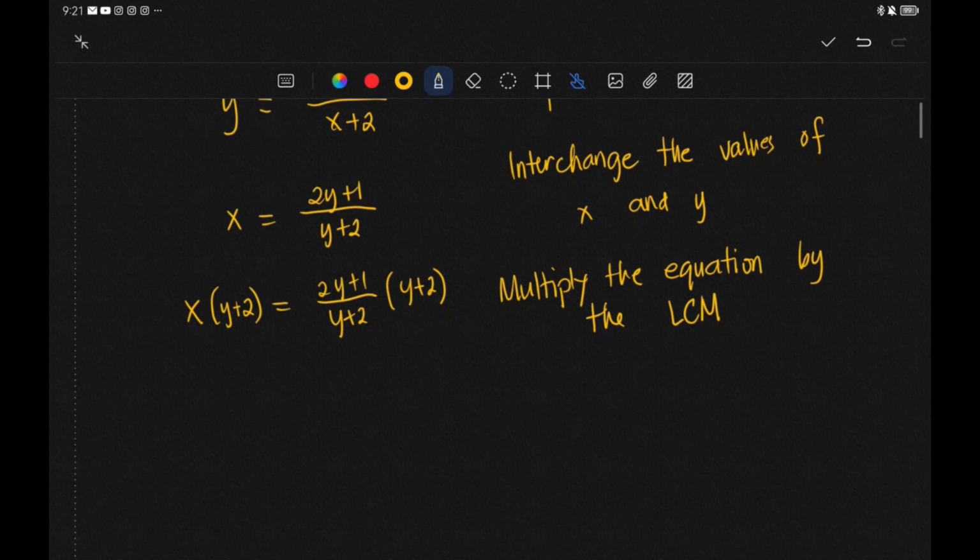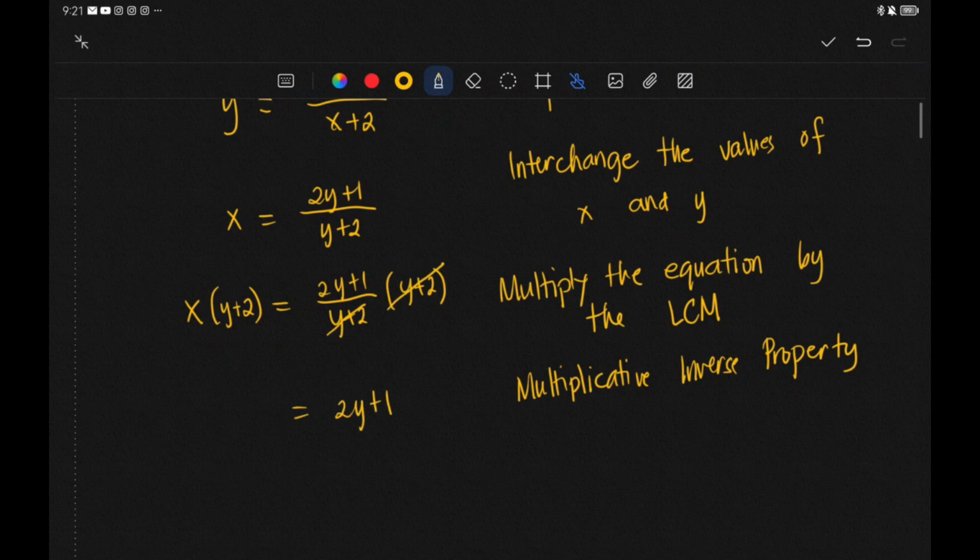Okay. So you are going to apply next the multiplicative inverse property. So this is cancelled out. What remains is 2y plus 1 on the right and x times y plus 2 on the left.